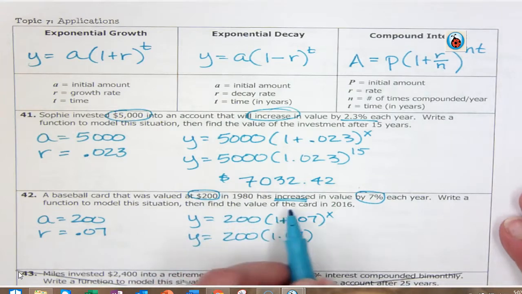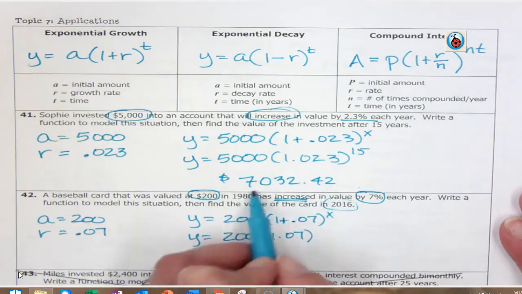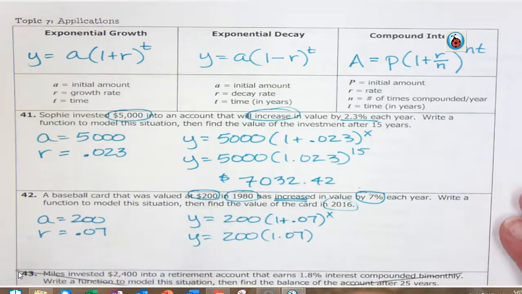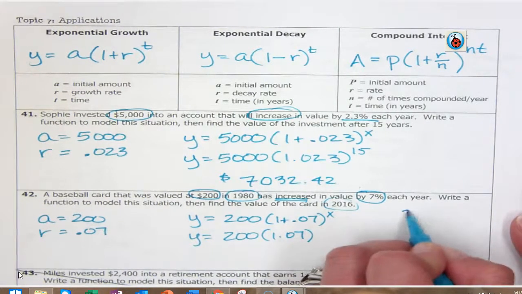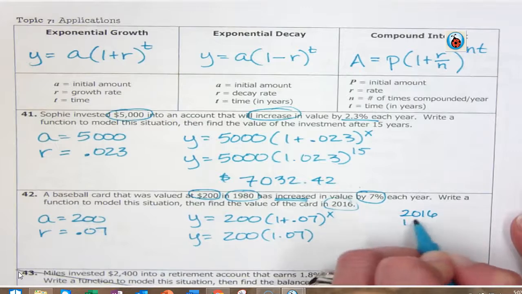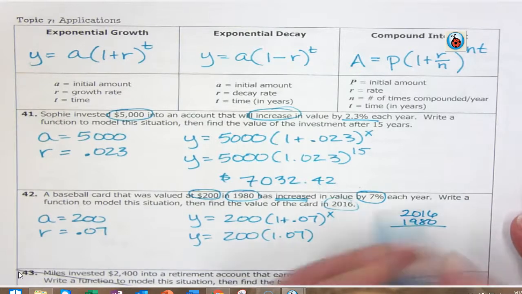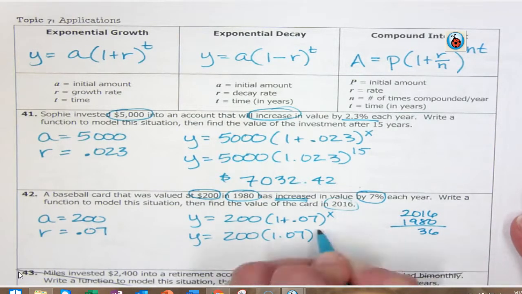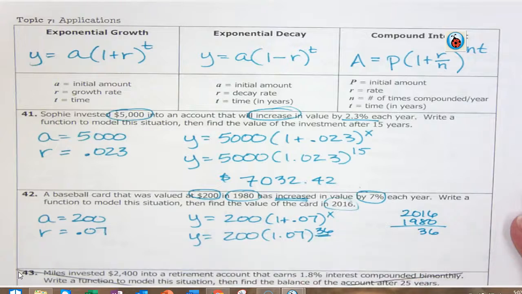Now it's saying find it from 1980 to 2016. Well, how many years is that? 2016 minus 1980. It's going to be 36 years. You put your amount of time up there. Your baseball card would be worth $2,284.79.